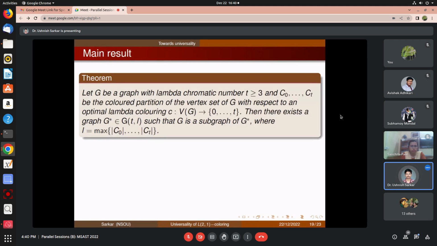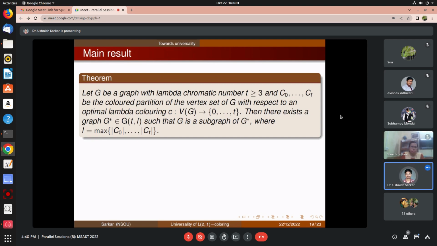Now our main result, which is regarding universality. In what sense? Let's see the theorem. Suppose I am given a graph G with lambda chromatic number t, which is at least 3 of course, and suppose C_0, C_1, up to C_t are the colored partitions of the vertex set of G. As we all know, the coloring gives a partition of the vertex set, with respect to an optimal lambda coloring c.